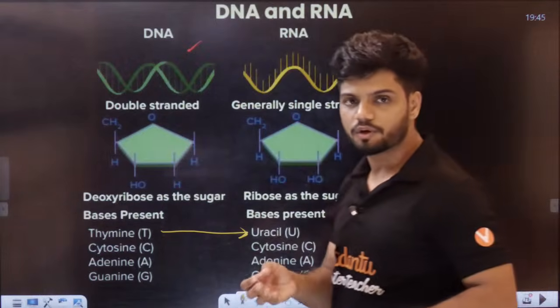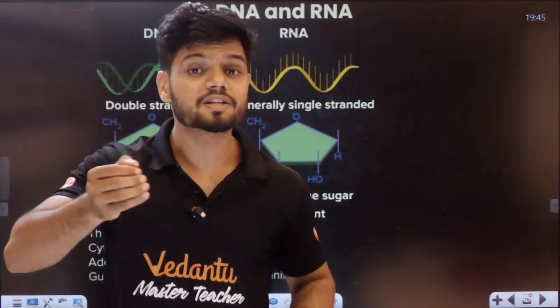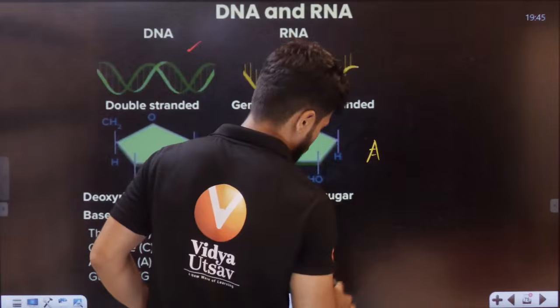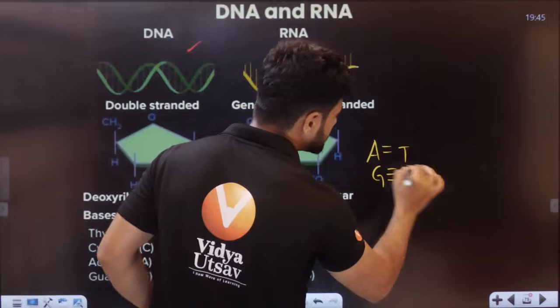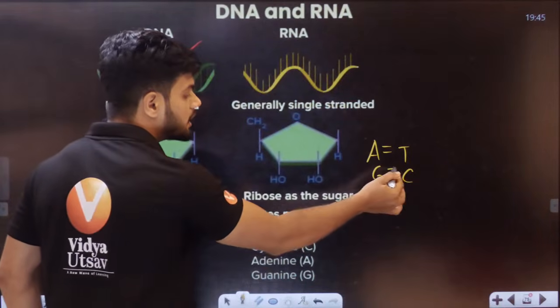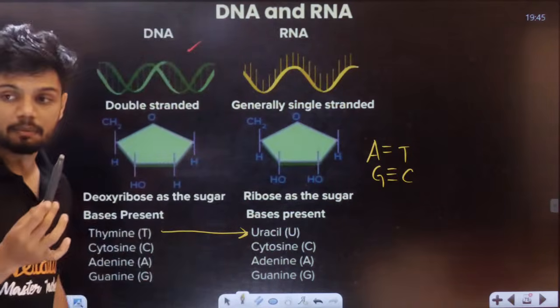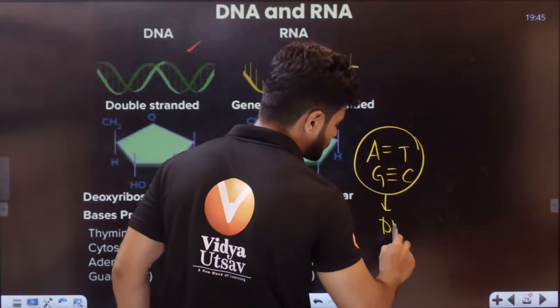Now students, here is something called Chargaff rule. All of you might know Chargaff rule. That is ATGC. There are 2 hydrogen bonds between A and T, and 3 hydrogen bonds between guanine and cytosine, students. Please remember, this is present in the case of DNA.